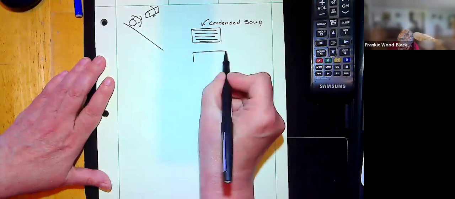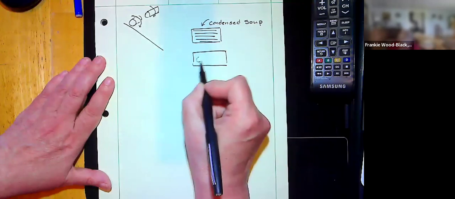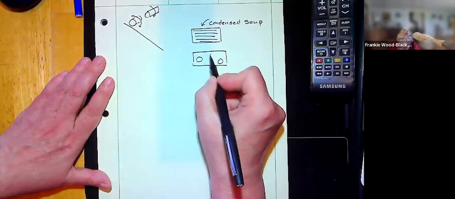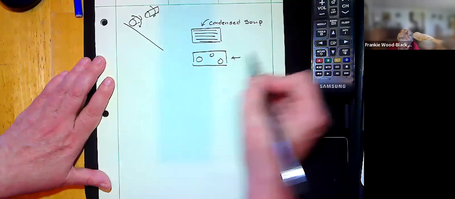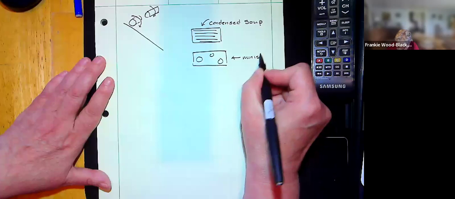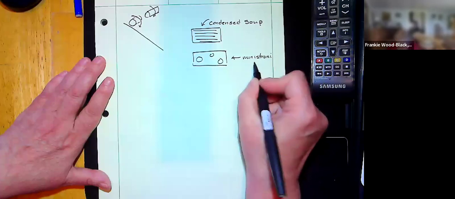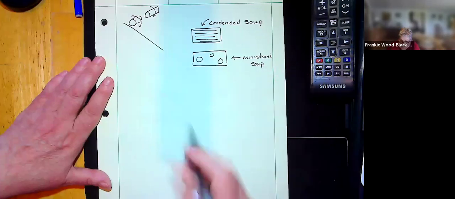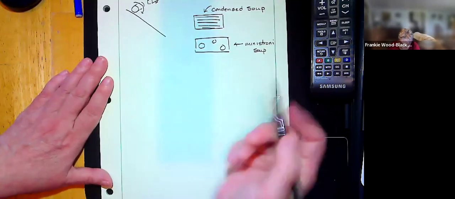In the other case, I might have a lump here and a lump there and a lump there. And this would be my minestrone. And we've seen this before.